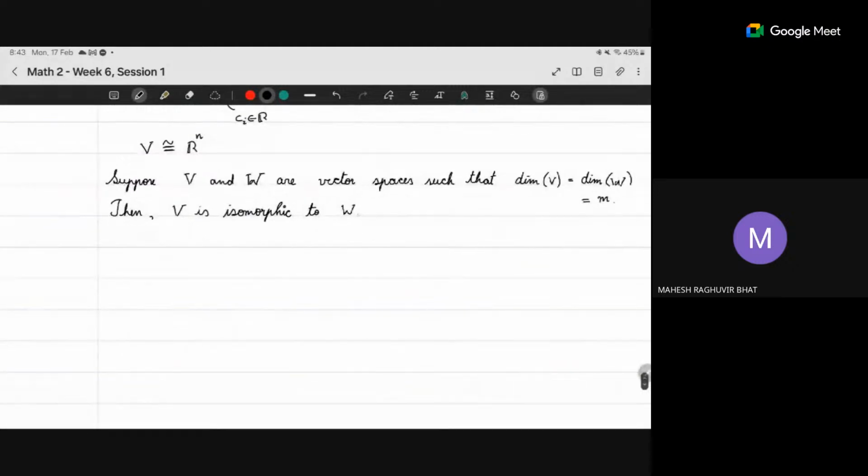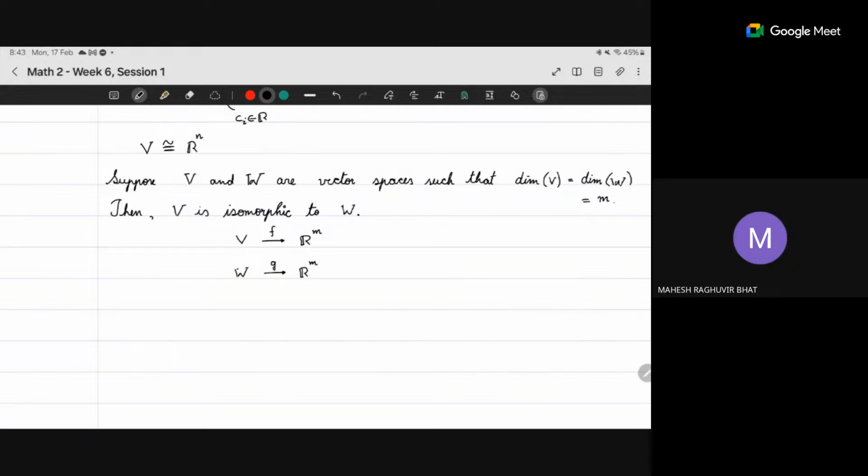So, coming back to two different vector spaces with the same dimension, there is always an isomorphism between them. How do we see this quickly? Between V and, let's say, Rm, there is a bijection F, and between W and Rm also there is a bijection, a linear isomorphism.